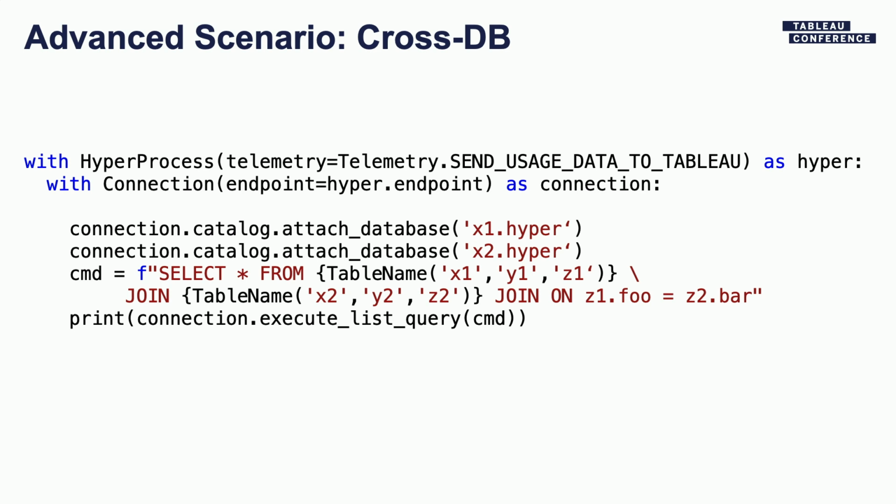But what's important now is that you are very careful with the naming, because now you need to properly name things. And this is why we have this 3rd parameter in this table name class. We have x1, which is the hyperfile. Then we have y1, which is the namespace, the schema, in this hyperfile. And then we have set1, which is the table.